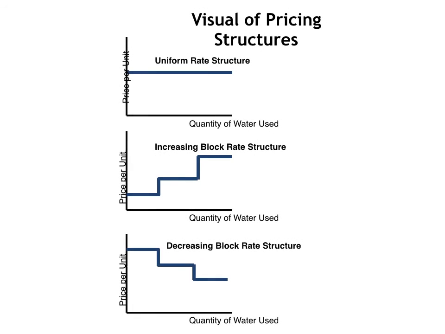Now here is a visual of pricing structures. My apologies for the vertical axis for uniform rate. So here we have a uniform rate, which is a flat rate. Increasing block, which is going up as the quantity of water is used, and decreasing block, the price is going down.